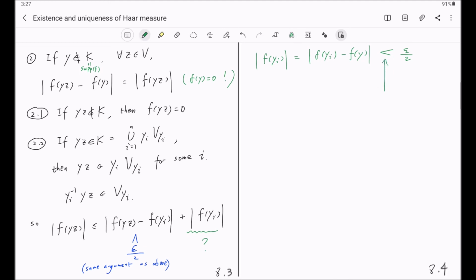But let me carefully write this down. We have this inequality because y inverse times y sub i is equal to y inverse times y sub i times z times z inverse. So we add and subtract z and z inverse. So we essentially add something that is the identity.